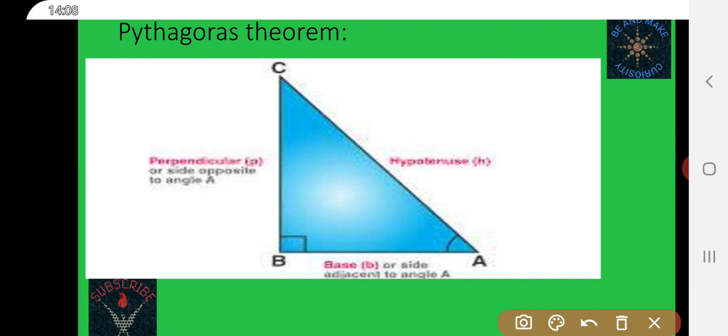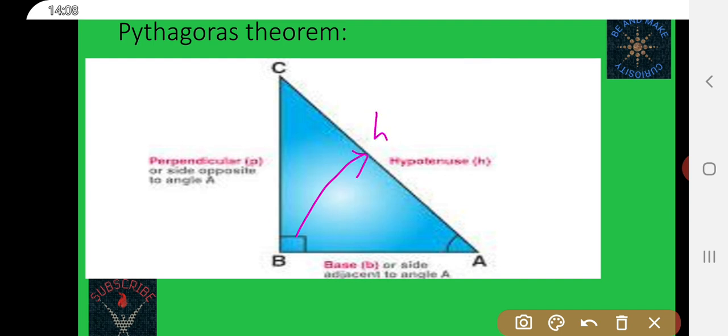In a right angle triangle, the square of the hypotenuse is equal to the sum of squares of the other two sides. Here, hypotenuse, you remember, is the side opposite to the right angle.